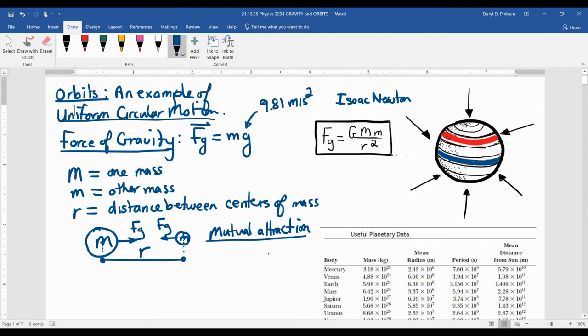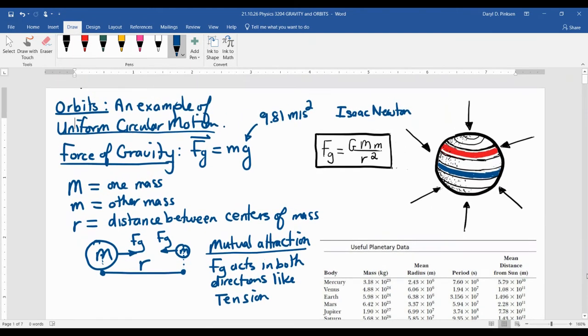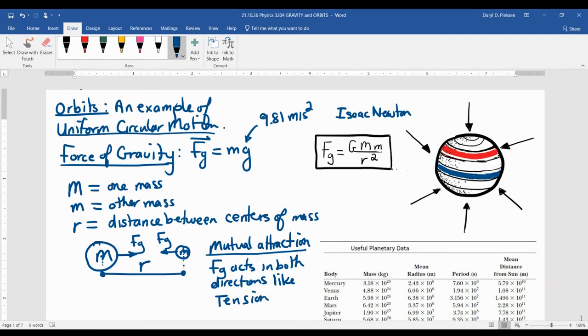So there's a mutual attraction. The force of gravity acts in both directions like tension. Whatever the force of gravity is on one, the exact same force of gravity occurs on the other one, just in the opposite direction.